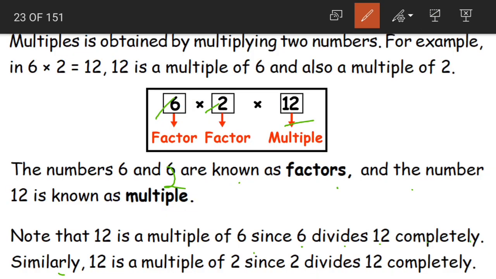In the same way, similarly, 12 is a multiple of 2 since 2 divides 12 completely. When we take 12 divided by 2, we have 2 6s are 12. Yes or no? And when we subtract, 0 is our remainder. Again, 2 is dividing 12 completely.